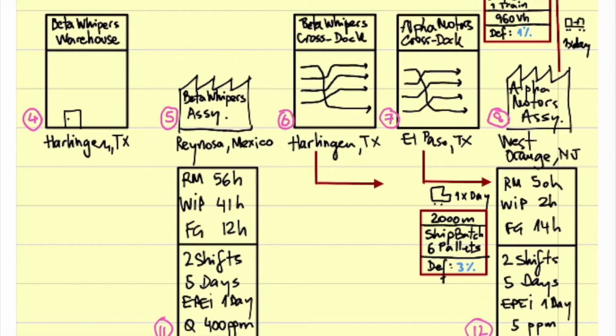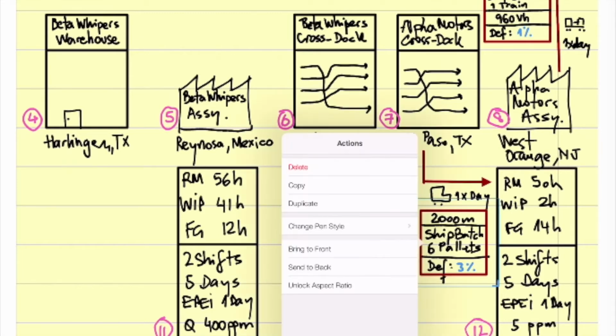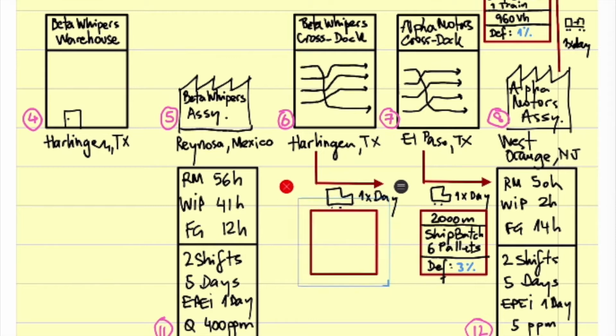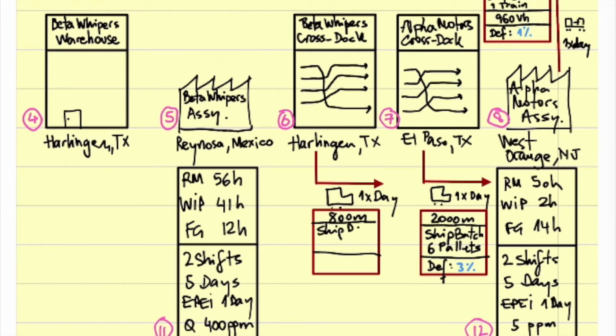Also, it's taking part once every day. And here we're talking about 800 miles. The shipping batch is 6 pallets. And we have the defective rate also of 3%.